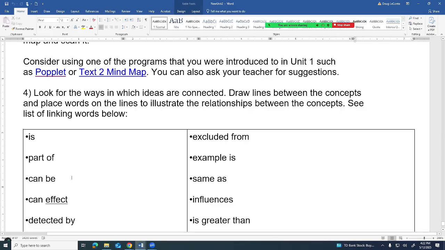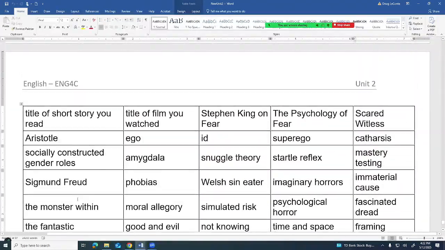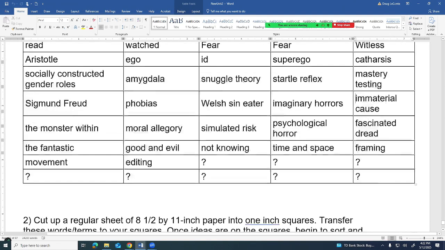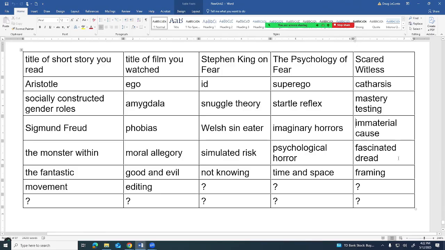"Can be" is another one that we could use, or "can affect." So phobias can affect your fascinated dread, for instance, or immaterial cause, or psychological horror.